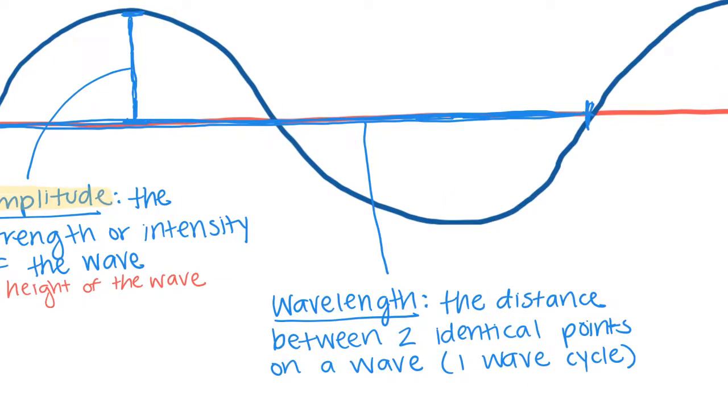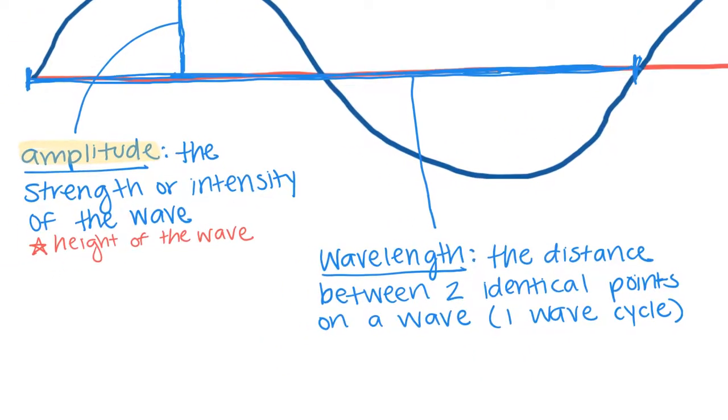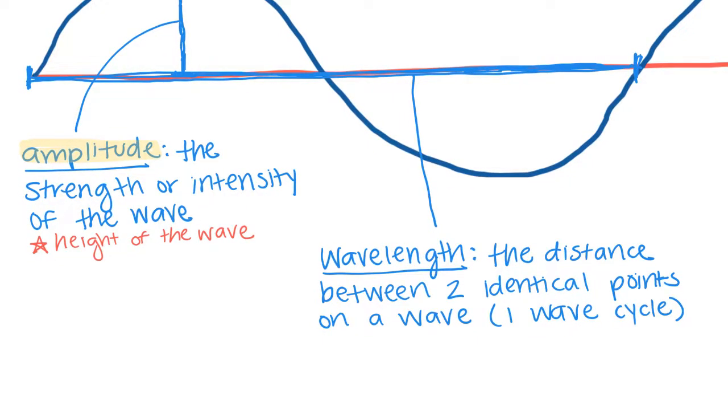Another thing that you all have already learned about just when we were talking about period and frequency is wavelength. Now, this is going to be an important vocabulary term for you all to remember because it will be used for our wave calculations when we get to that. The wavelength is the distance between two identical points on a wave. In other words, the wavelength is one cycle.